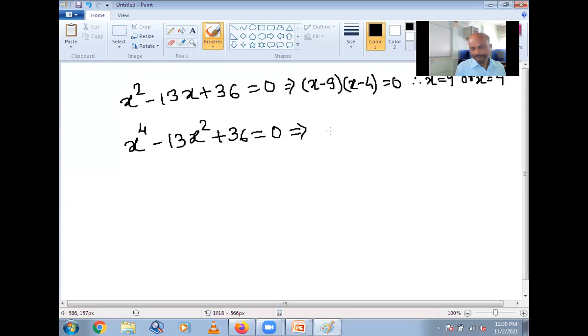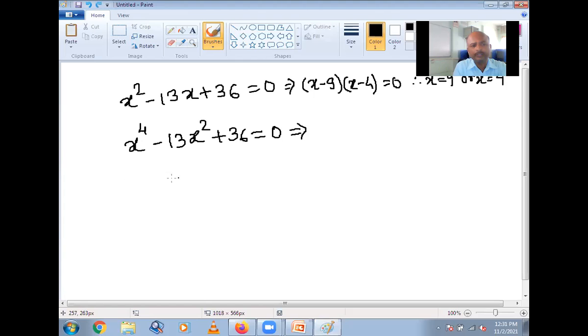For this example, you have substituted x square is equal to p.